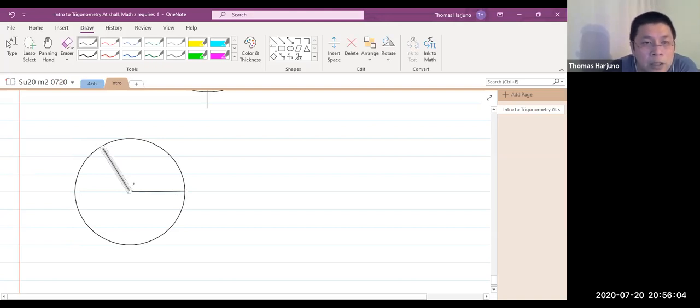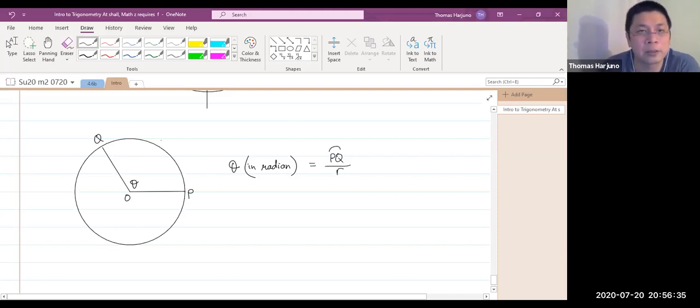Let's say this is theta. Now theta in radian is equal to the ratio of the arc PQ, the length of arc PQ, over the radius. Now we usually call that S for the arc length.